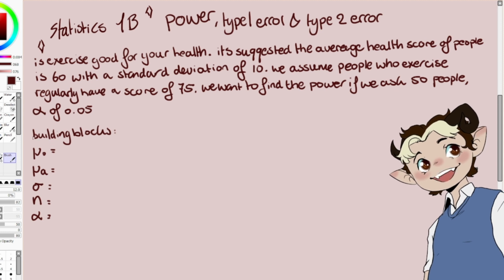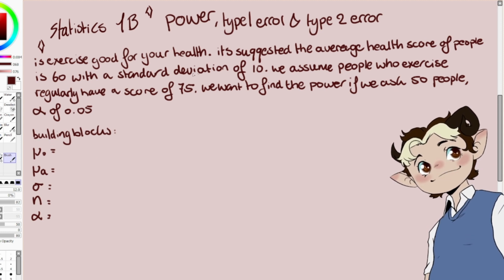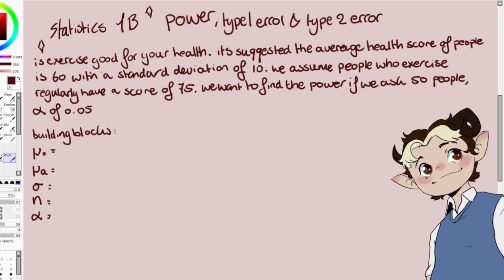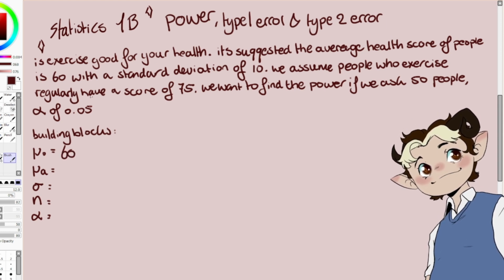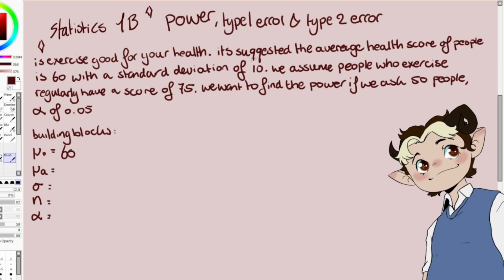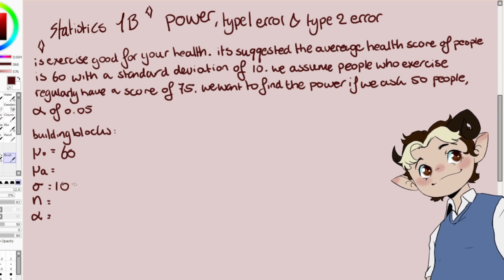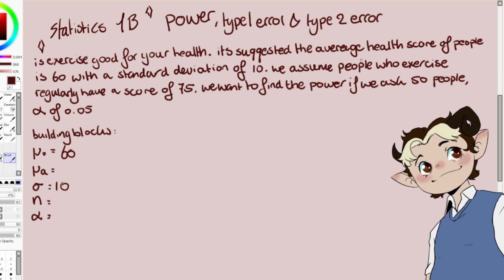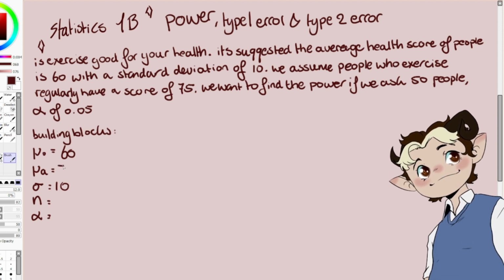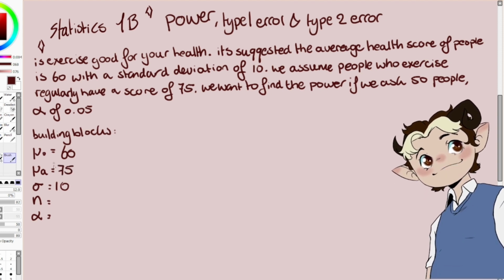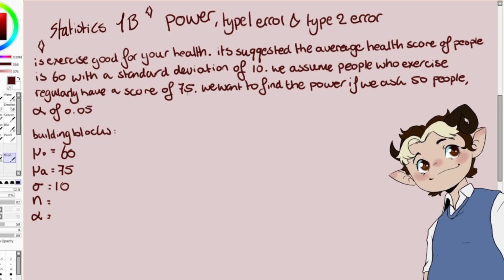So let's look at the building blocks. What do we have here? Our null hypothesis is going to be the average that we had, so that would be 60. We found that the standard deviation is 10. We also have our alternative hypothesis of 75. That is the one that we choose. This one is arbitrary. We could also choose 80.